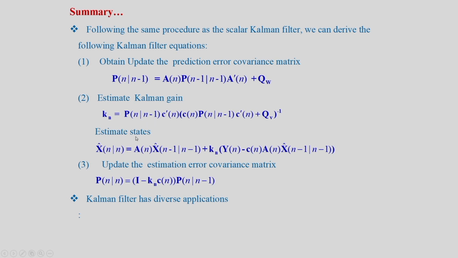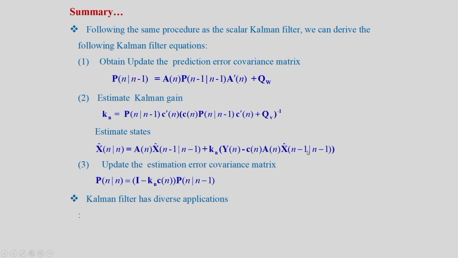Then we estimate the states: x at n given n is equal to An into x at n minus 1 given n minus 1, which is the prediction part, plus Kn, the Kalman gain, into one correction part, that is yn minus Cn into An into x at n minus 1 given n minus 1.